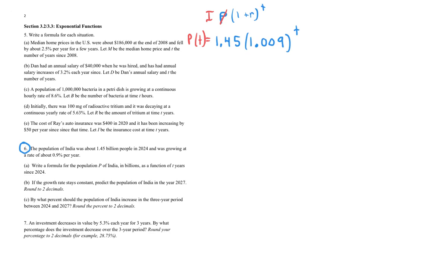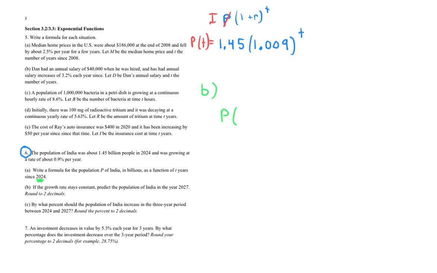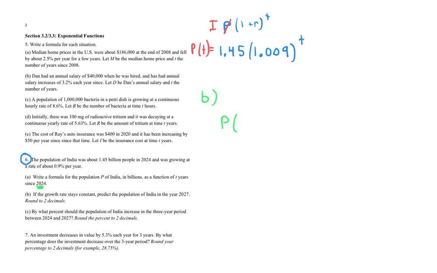Predict the population of India in the year 2027. Round to 2 decimals. So here, the tricky part is knowing what to use for T. Since T is years since 2024, for 2027, we're actually only going to use 3.